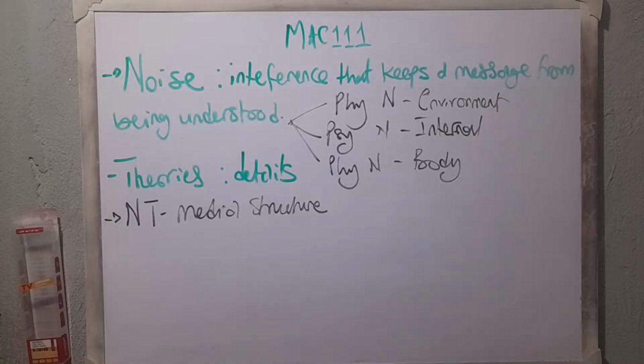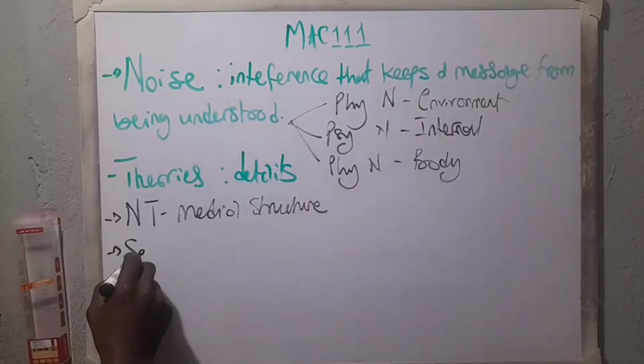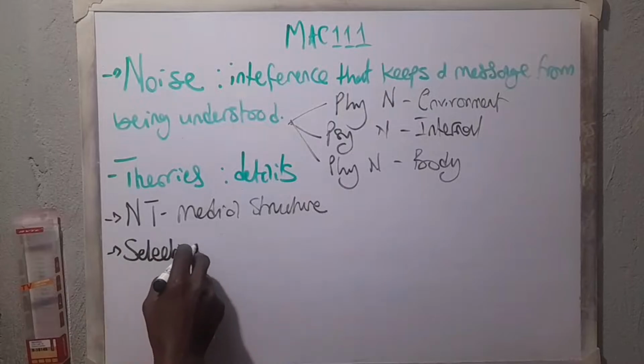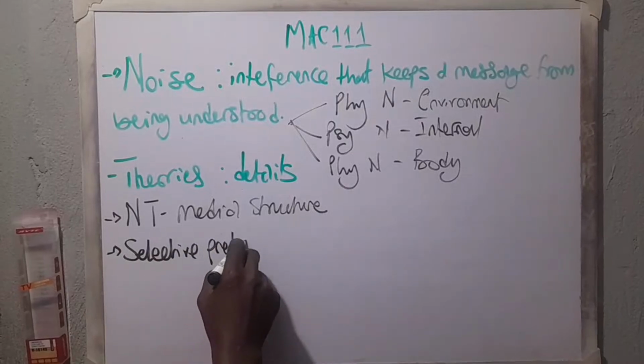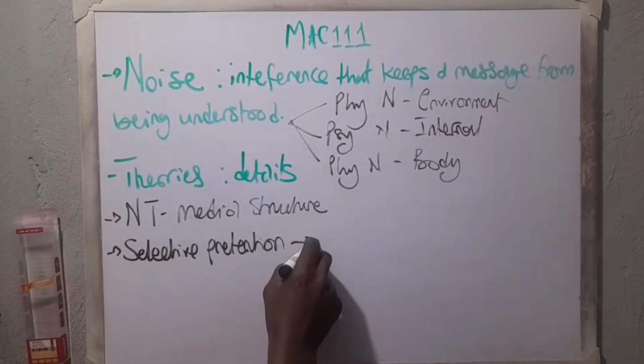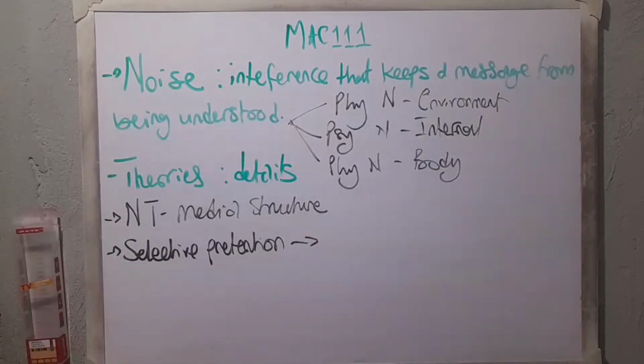When we talk about selective retention, what are we simply referring to? Selective retention is the process by which people tend to remember best and longest information that is consistent with their pre-existing attitude.